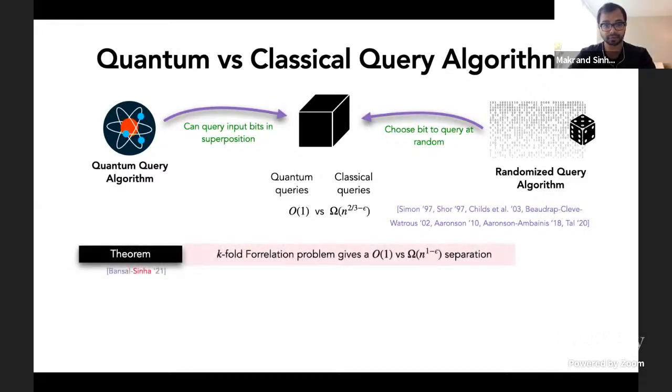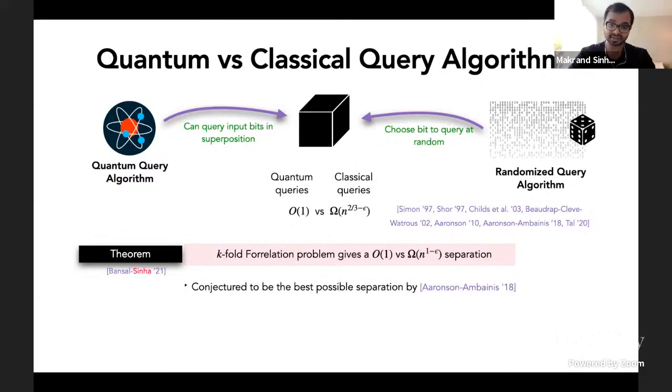What we show in our work with Nikhil Bansal is that a certain problem called k-fold correlation gives a constant versus almost linear separation. So essentially, since n is the maximum running time in this model, this is, in some sense, the best separation you can hope for between quantum and classical algorithms.